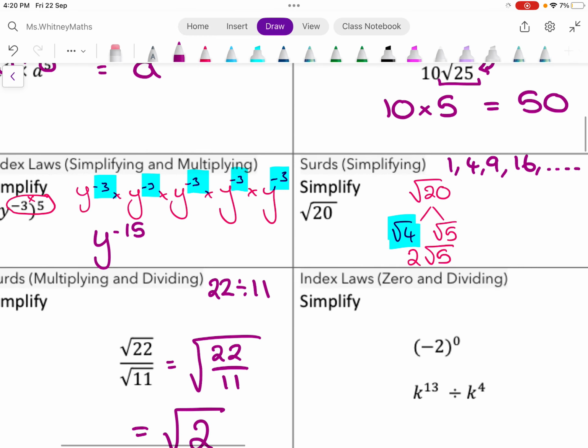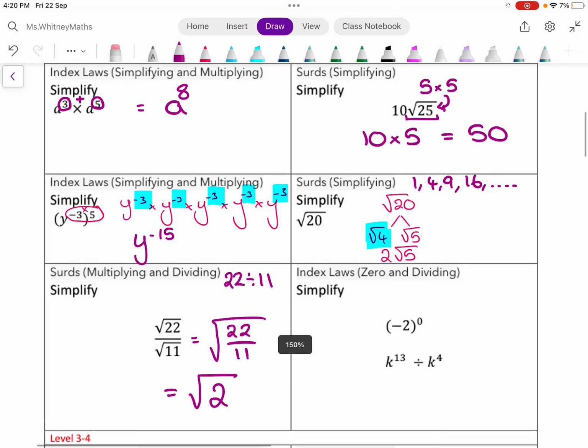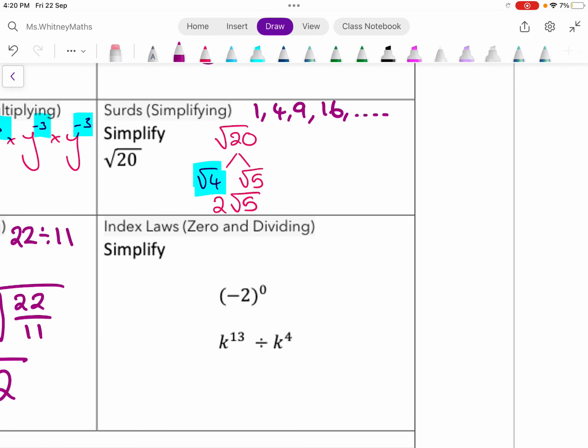And the next one we have here is zero powers and dividing when we have index laws. Anything to the power 0 is always a specific number. If we think about it logically, 2 squared is 4, 2 to the 1 is 2, 2 to the 0? As we move down our powers, we are dividing by 2, and we get 1.